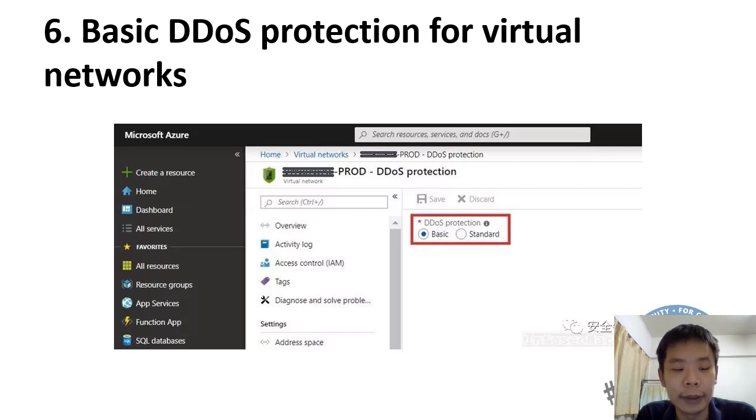The above measures can help defend against network-based DDoS attacks. Standard DDoS defense service should be enabled on all important VNets in each production environment. The only downside is that these are advanced features, so additional fees are required.